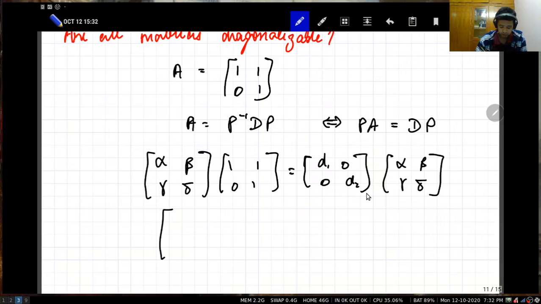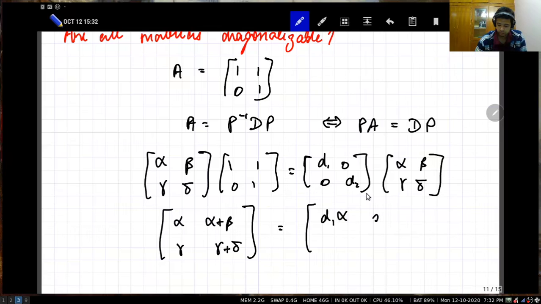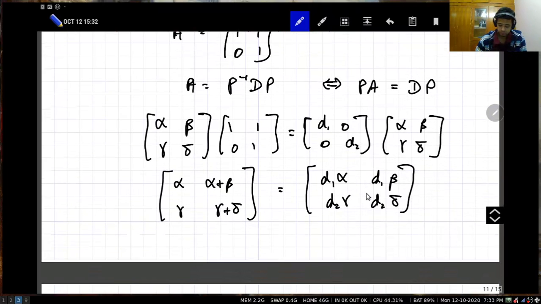So let's simplify this. We have alpha, alpha plus beta, and gamma, gamma plus delta, which should be equal to D1 times alpha, D1 times beta, D2 times gamma, D2 times delta. If a solution exists, then this set of equations must be satisfied. Now let's equate these term by term.